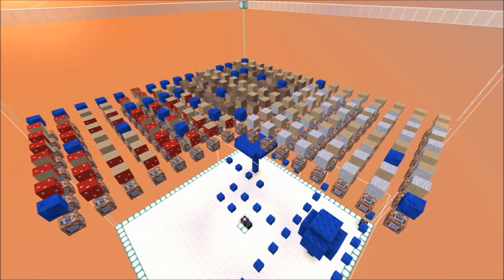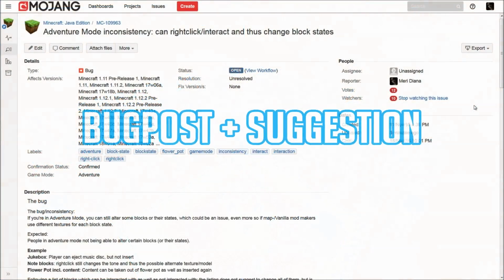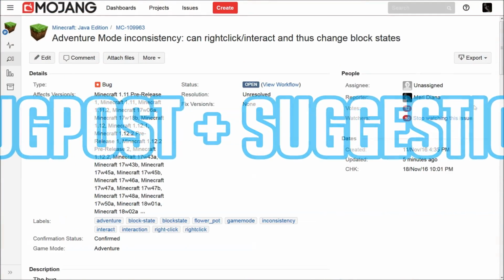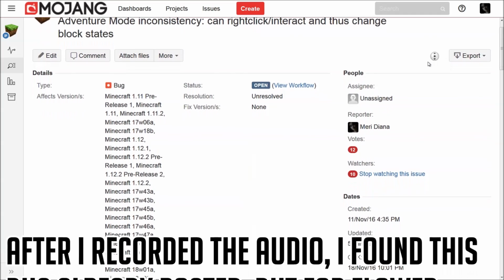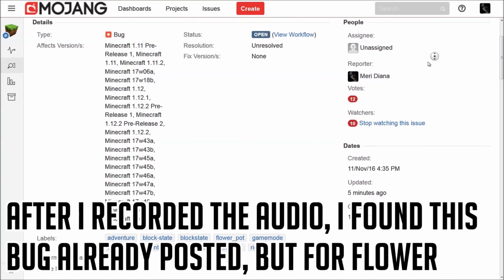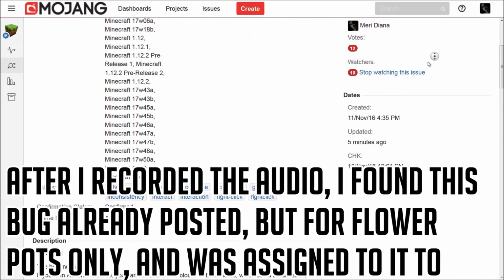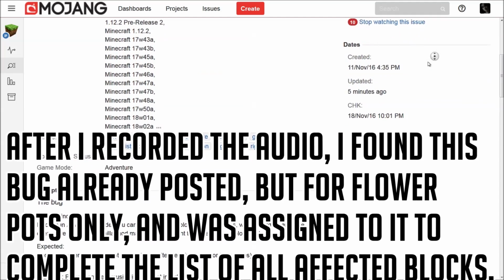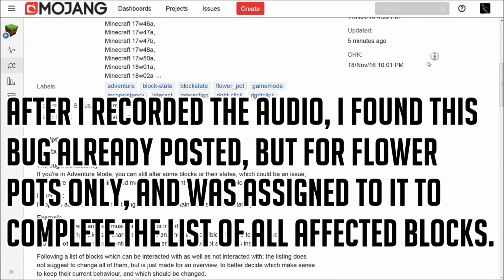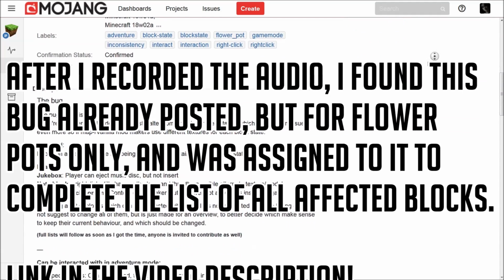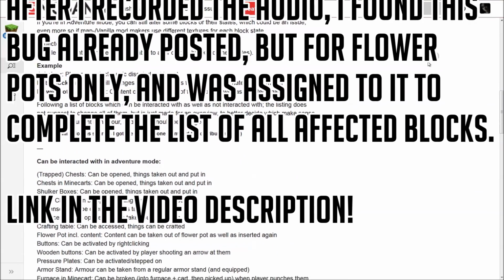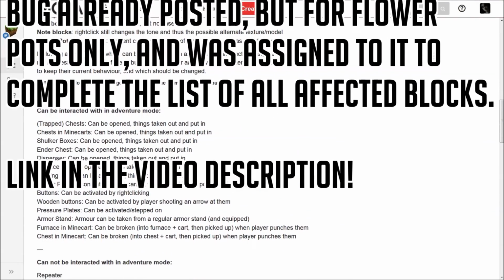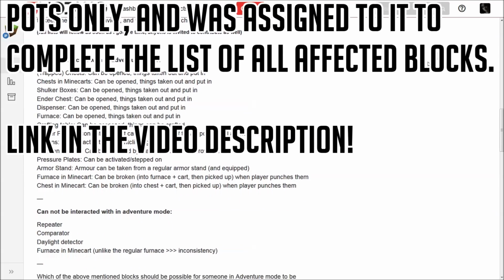Keep that in mind. That being said, I plan to open up a post on Mojang's bug tracker, Mojira, due to what I consider an inconsistency regarding altering some blocks' block states, which should not be possible in my opinion in adventure mode. And I also plan to create a post on the Minecraft suggestions Reddit where I want to suggest adding something for creative that makes block states of specific blocks not update.